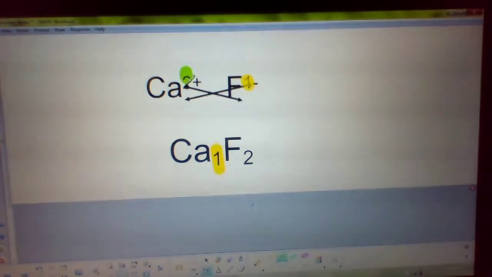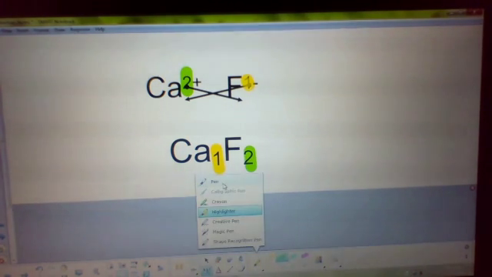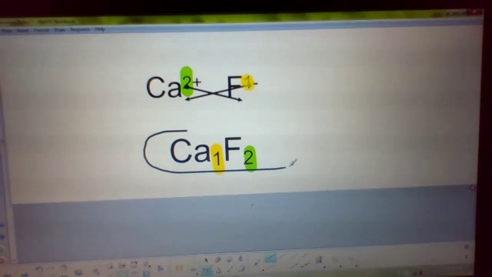The 2 is now the 2 over here. Since we're writing compounds, we don't need charges. Those positive and negatives do not count, so we just get rid of them. We're just taking the numbers, crossing them over, and this is our final answer: Ca1F2.